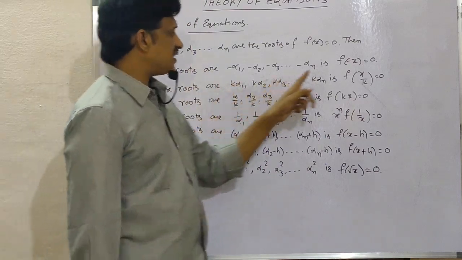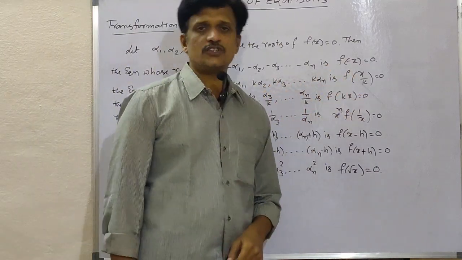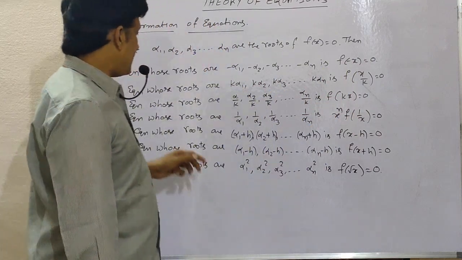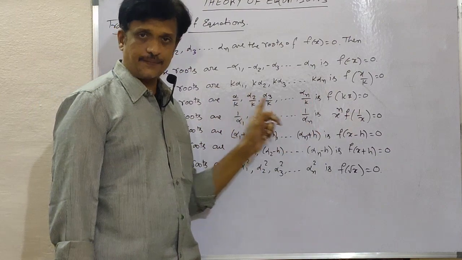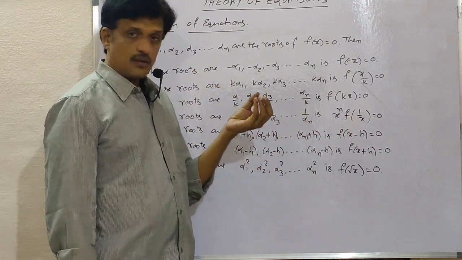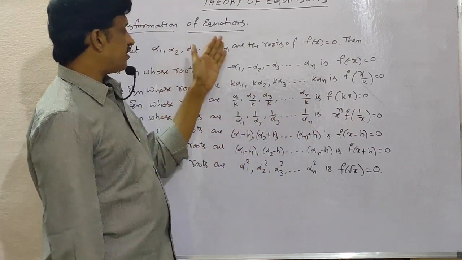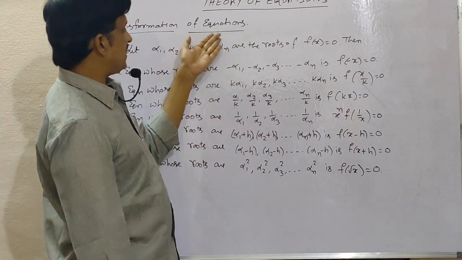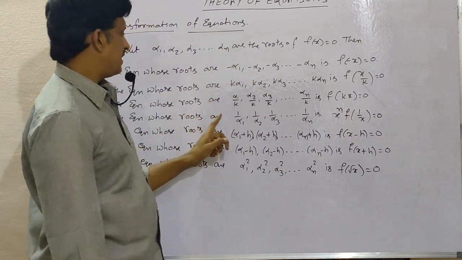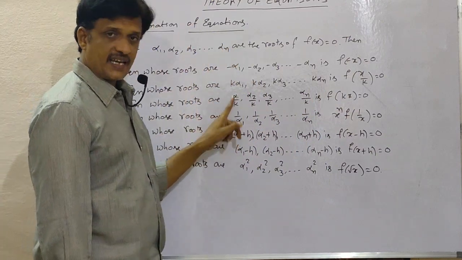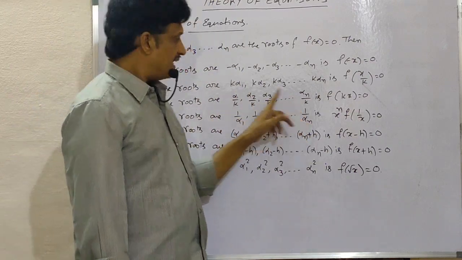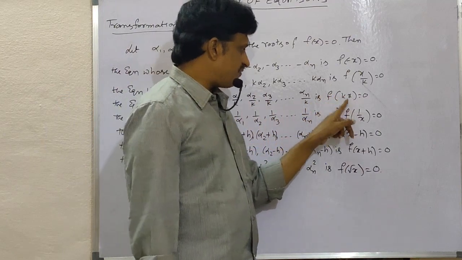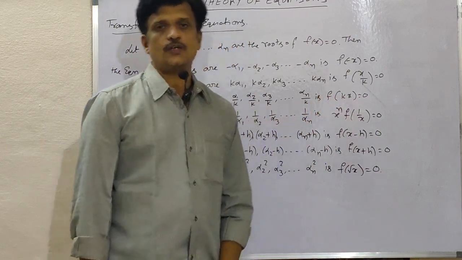Then the required equation is f of x by k is equal to 0. In the same way, if each root is divided by k, the original roots are alpha 1, alpha 2, and so on, alpha n. Now each root is divided by a non-zero value k. Then the roots are alpha 1 by k, alpha 2 by k, alpha 3 by k, and so on, alpha n by k. Then the polynomial will be f of kx is equal to 0.